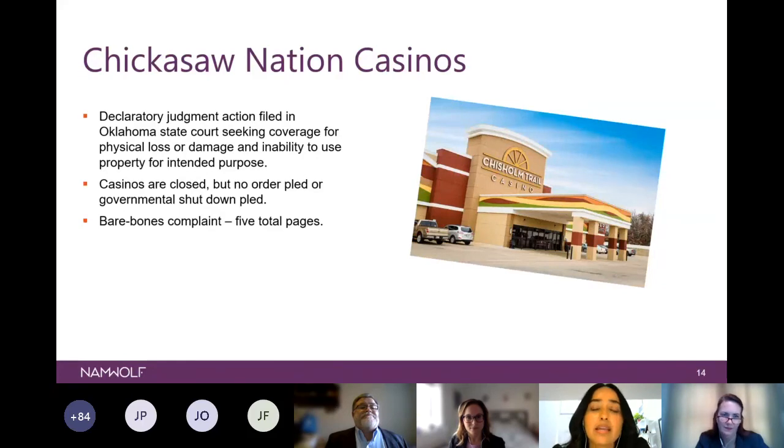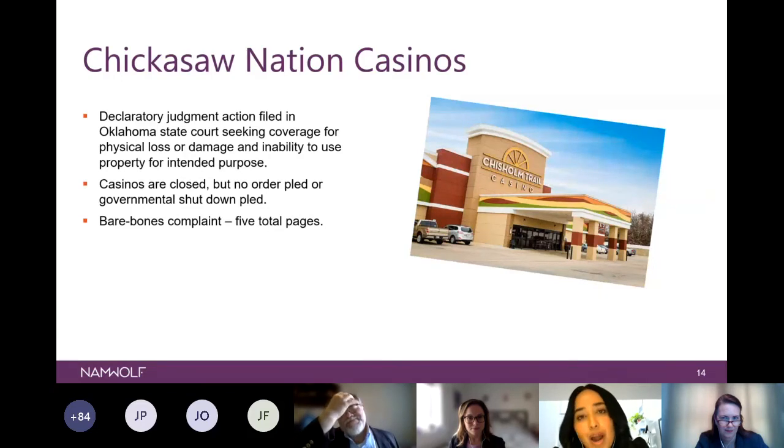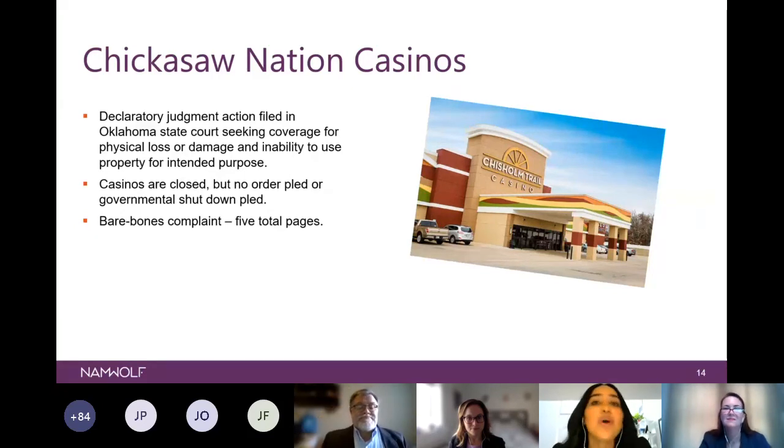It doesn't necessarily mean that they're going to win on the issues, but the pleading requirements are not that stringent. Anyone can file a bare bones complaint, and once they're alleging the essential elements of what they're trying to prove, they'll be allowed in and the case will continue. I can see that happening a lot with these cases because no one really knows what to allege, because this is so new. So it'll be interesting.